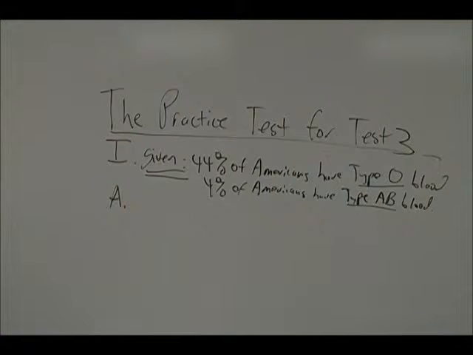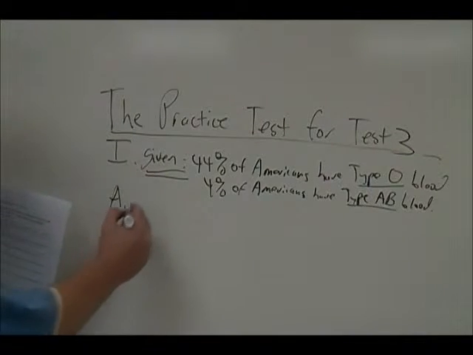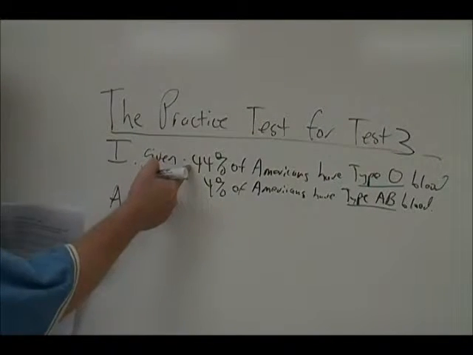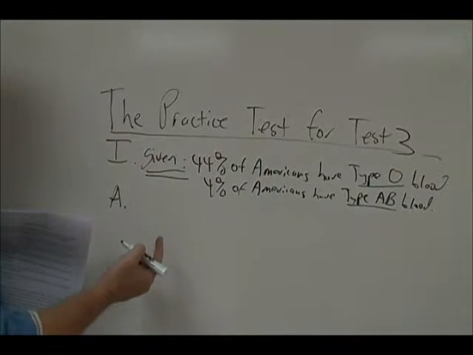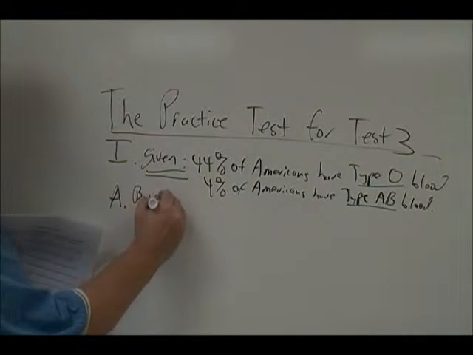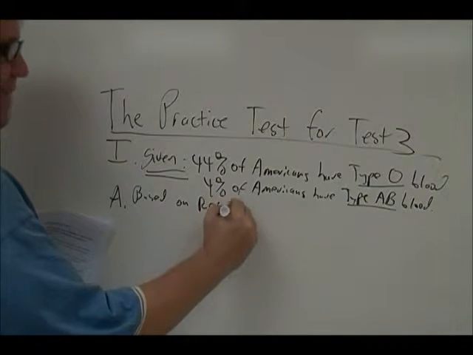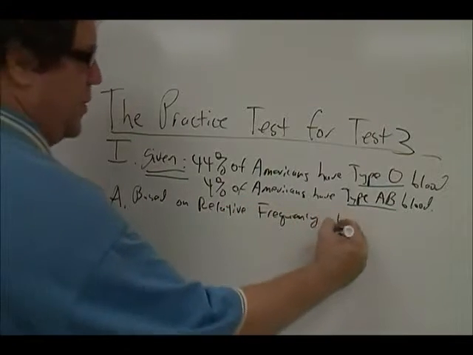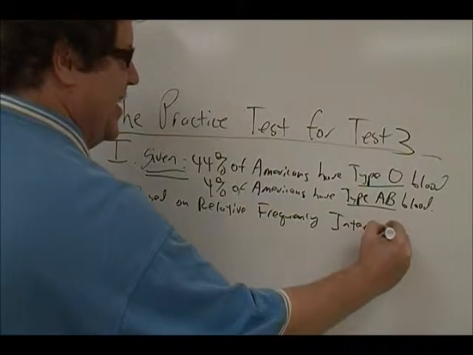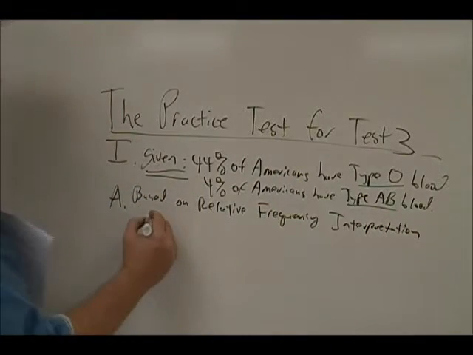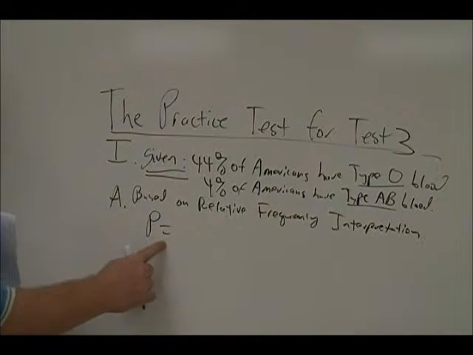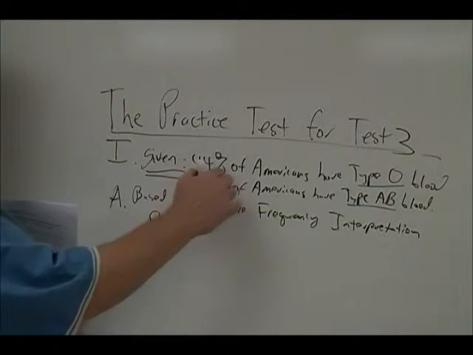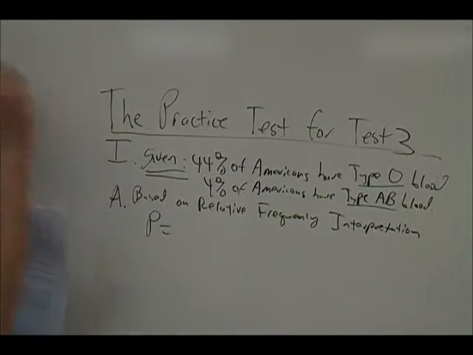Anyway, for this particular one, we notice that we're given the relative frequency as a percentage for type O blood. So based on relative frequency interpretation, this would say that the probability that a randomly selected American has type O blood is the relative frequency of occurrence written as a proportion.